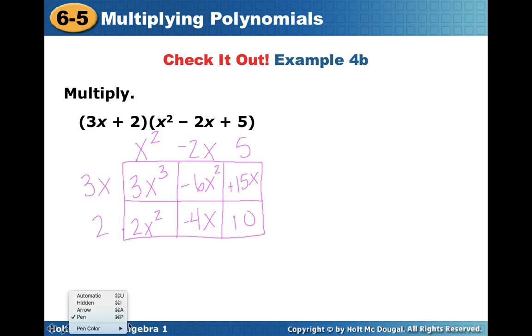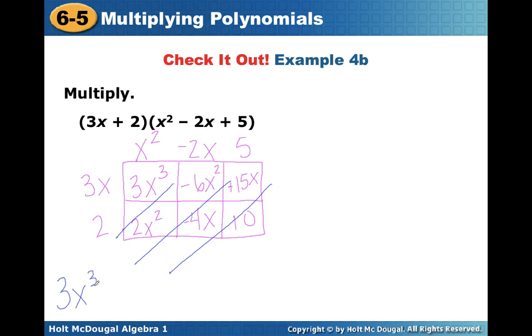Now, the only way that I can know that I definitely did this correctly is noticing that when we do diagonals, we have like terms here. And that is our final answer.